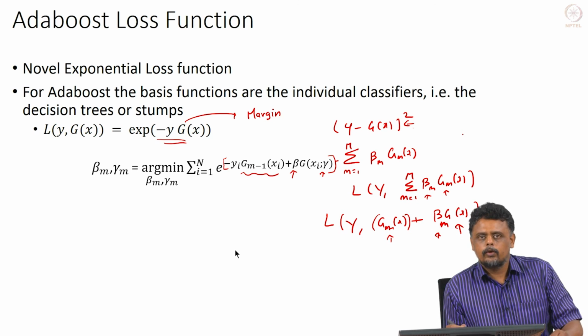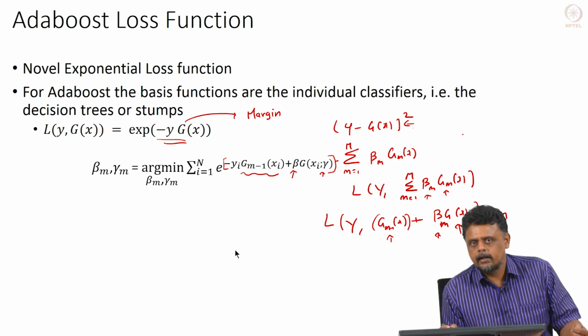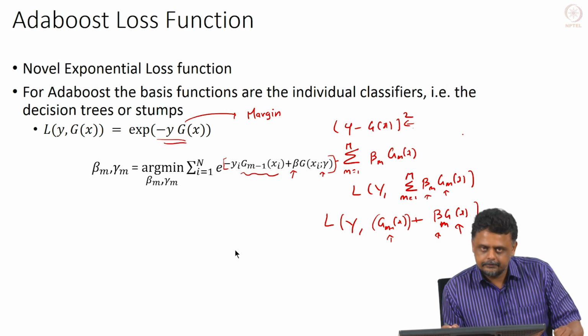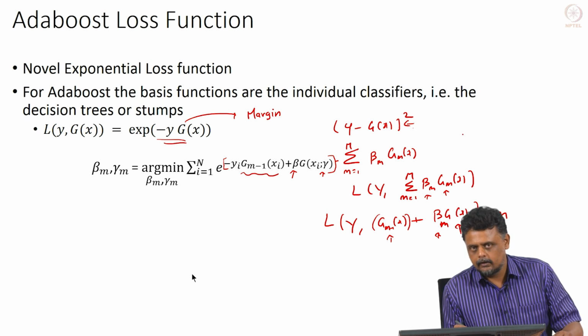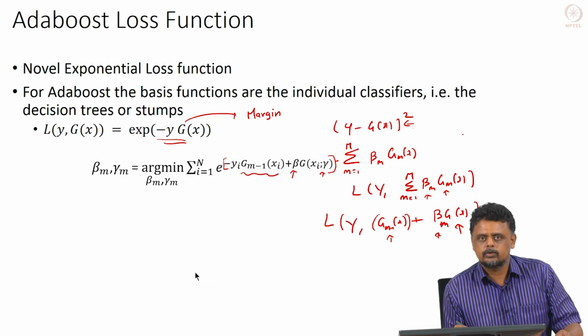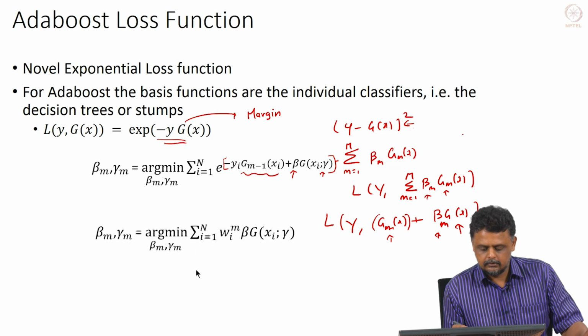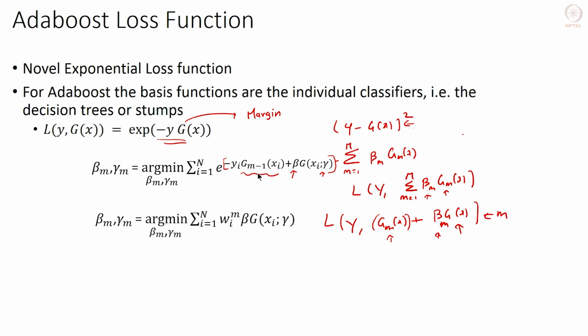So, in every stage you will figure out one decision tree or stump, and you will add that to the classifier that you have already estimated so far till the m minus 1th stage. Since this is not involved anywhere in the optimization, we can interpret this as a weight.